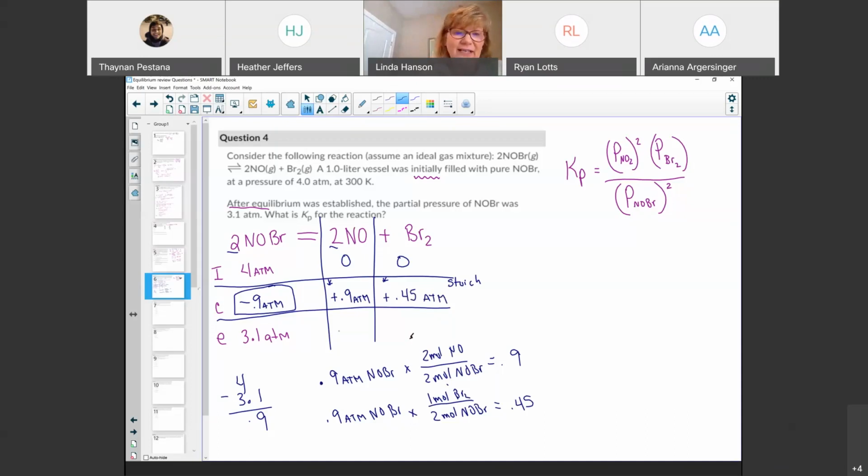And now I have what I need. This is 0.9, this is 0.45, at equilibrium. So once I've determined that, it's just a matter of plug and chug back up here into our Kp expression. So Kp would become the pressure of NO2 squared times 0.45, and that's all set over the 3.1 squared.